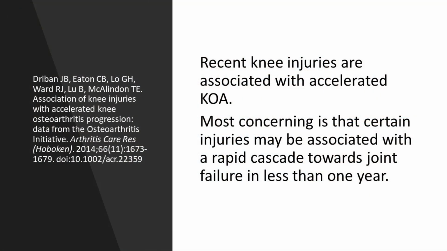5 to 17% of injured knees have a rapid progression of structural damage from normal to end-stage disease within 4 years. That's almost 1 in 5 patients. Individuals with a history of joint trauma are 3 to 6 times more likely to develop knee osteoarthritis and are diagnosed approximately 10 years earlier than individuals without a history of joint trauma.